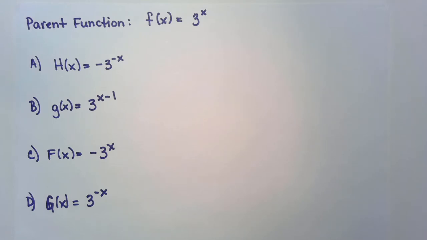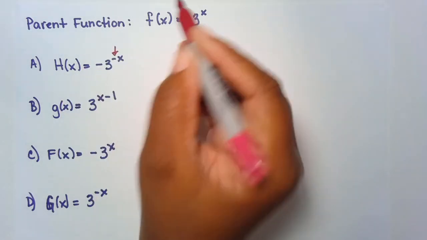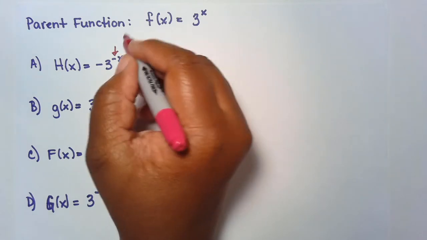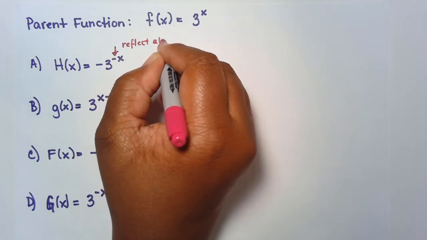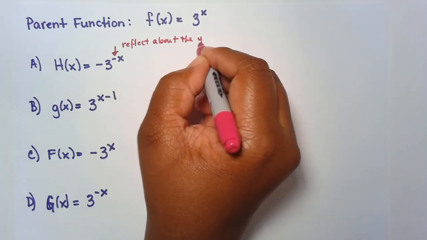Okay, so because there is a negative attached to the exponent of x, this is going to reflect about the y-axis.